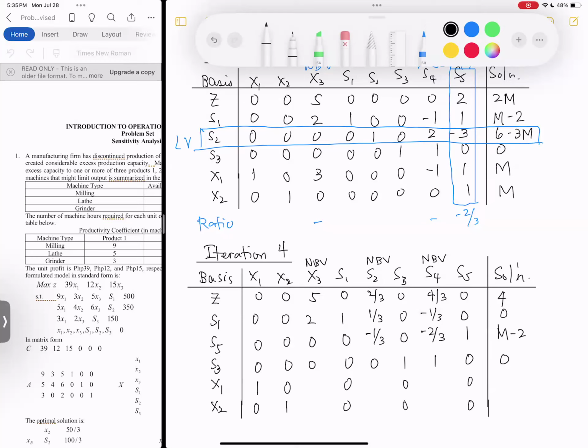Go ahead. For X1, sir. 030. Oh, wait, you start with this one. You start with 1, 0, right? -1/3. Okay. 2. X2 row.